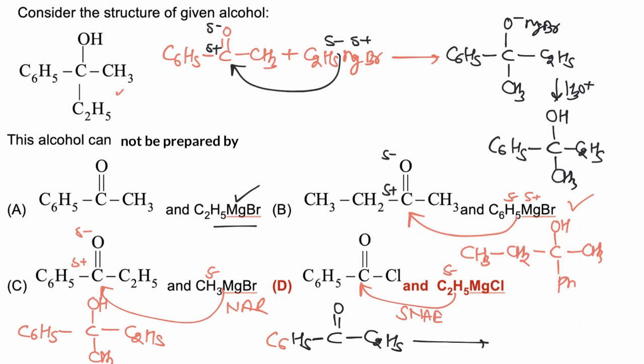Now this molecule on further reacting with C2H5MgCl will finally convert to C6H5-C-OH with both C2H5 groups attached to the same carbon. So in the fourth case, we will not get this alcohol, and hence the correct answer is D.